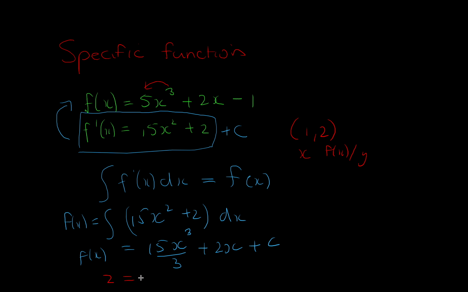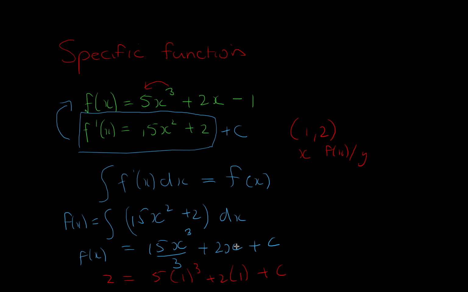So we're going to say 2 is equal to 5x to the power of 3 plus 2x plus c. Instead of x, we substitute 1, so it's going to be 5 times 1 to the power of 3 plus 2 multiplied by 1 plus c.